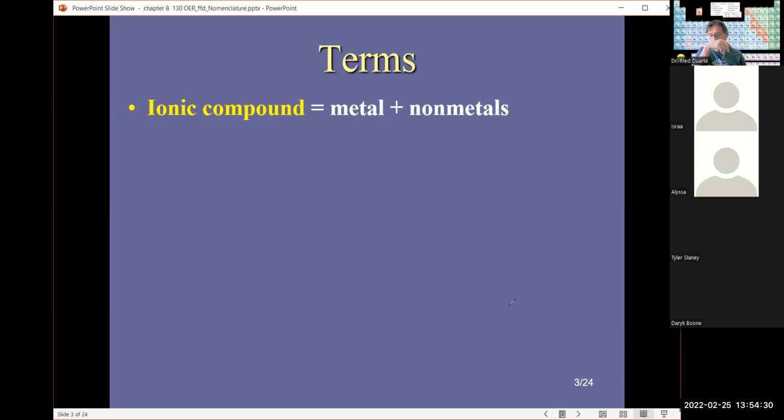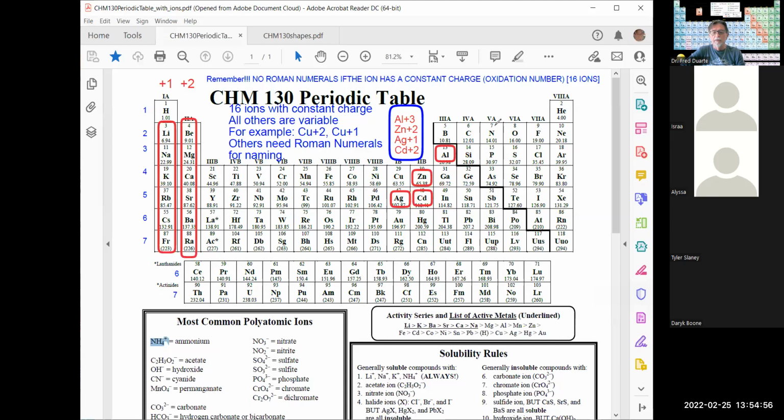Now, for ionic compounds, the naming is basically the name of the metal, and then we add the name of the nonmetal. But the nonmetal name has been changed from the atom to the ion. And the best way to do that is to come over here, and we have nitrogen, which becomes nitride, oxygen becomes oxide, fluorine becomes fluoride, phosphorus becomes phosphide, sulfur becomes sulfide.